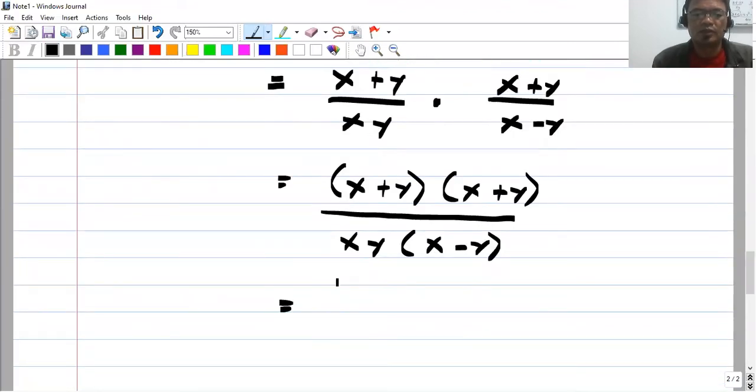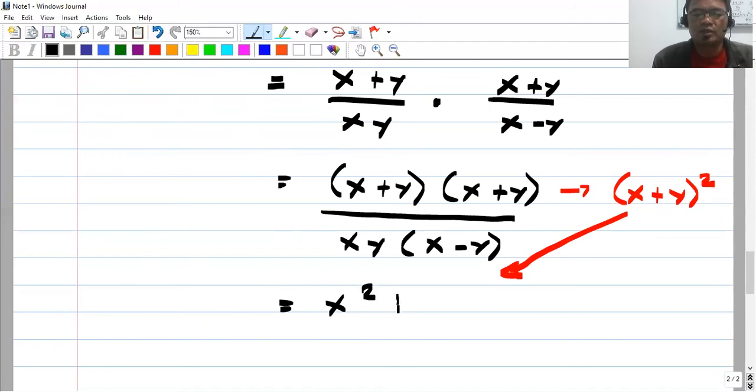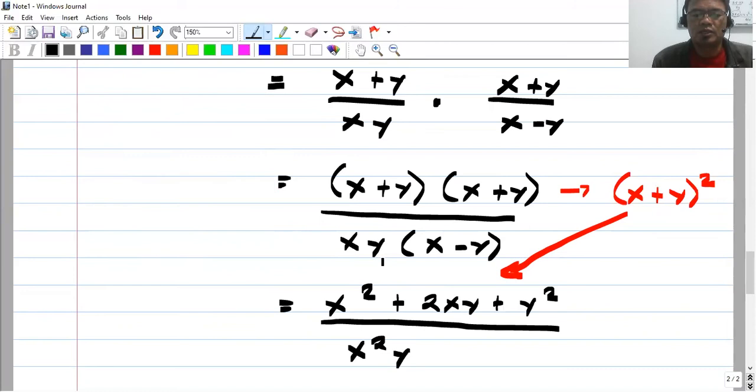And therefore, x plus y times x plus y can also be written as the square of (x plus y). So from here, we get x squared, square of a binomial, plus 2xy plus y squared all over, xy times x is x squared y, and xy times negative y is negative xy squared.